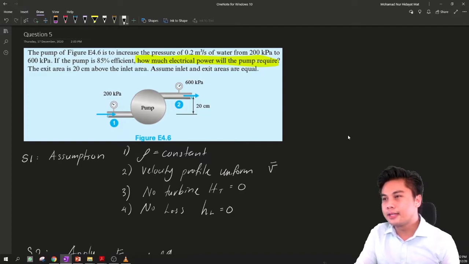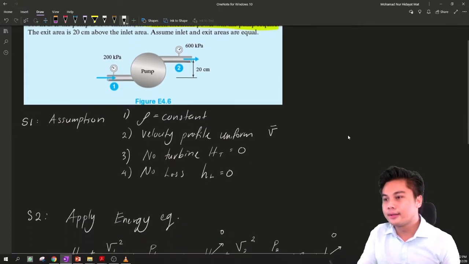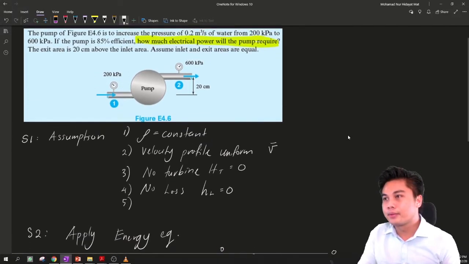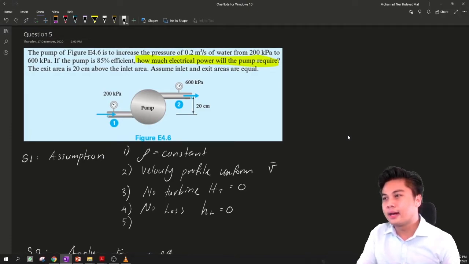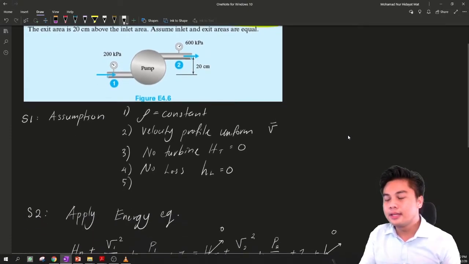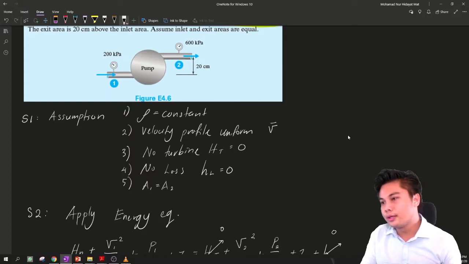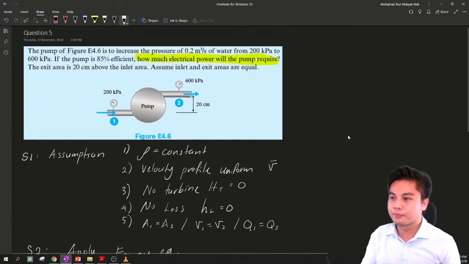It is given to assume that the inlet and exit area are equal. If the inlet and exit area is equal, area 1 equal to area 2. That means velocity 1 equal to velocity 2 because we have the same flow rate Q1 equal to Q2.